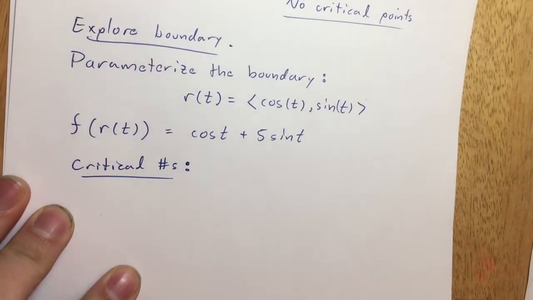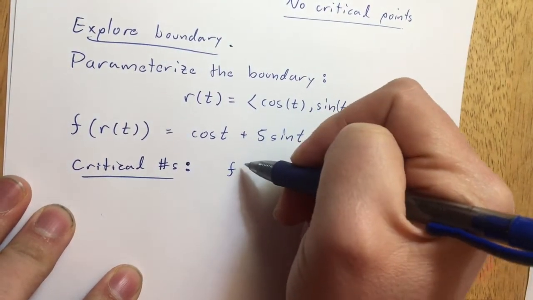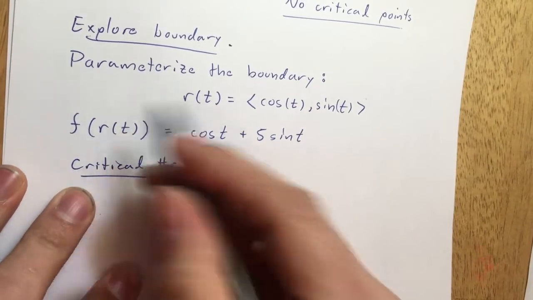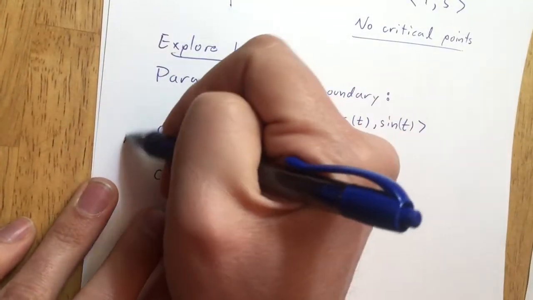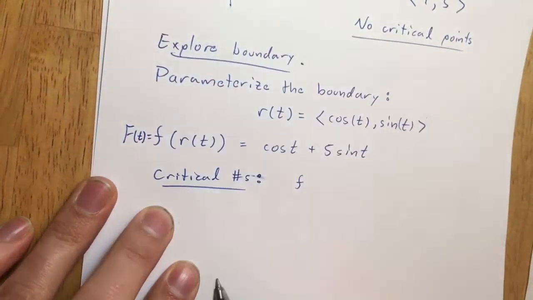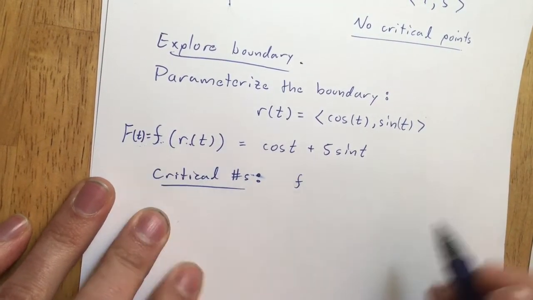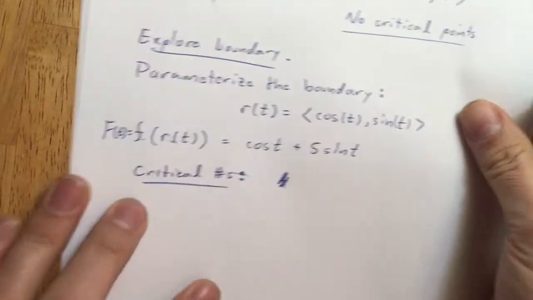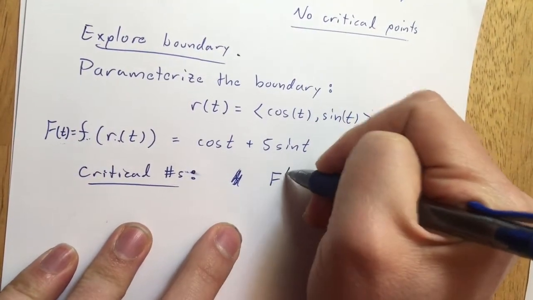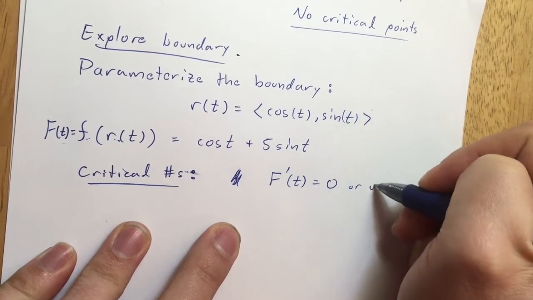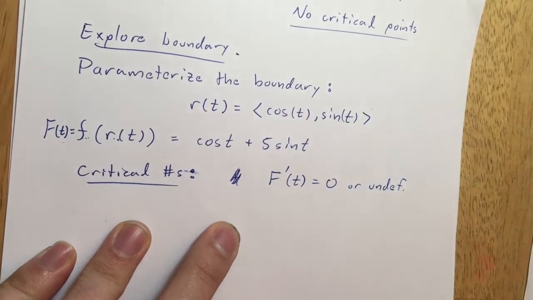How do we find the critical numbers? We look at where the derivative of this thing is zero or undefined. Let's call this capital F of t. That way I don't have to worry about the composition. I'll just view this as a single F of t function. So I want to know where the derivative of F of t is equal to 0 or undefined.